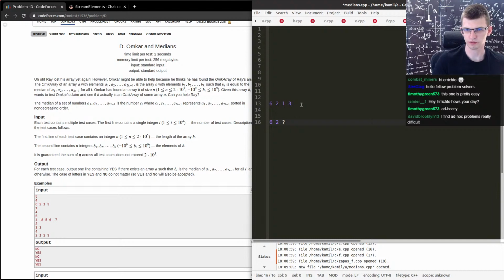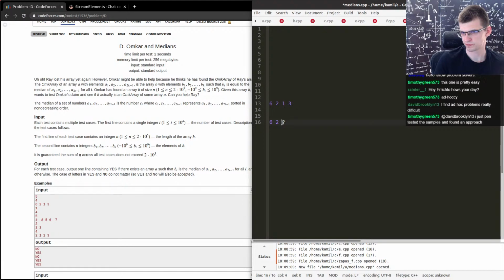This can be 1. Oh, so 6 to 1 is possible to achieve. Then that has the median of 2. This I know is smaller than 2. Then I want median 1. Well, this question mark, I know it's smaller than 1.